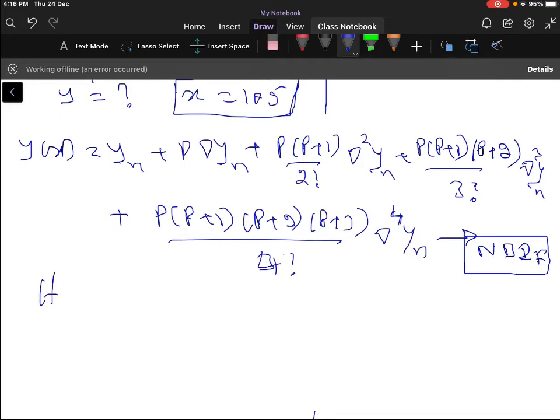So this formula is known as Newton's backward interpolation formula.